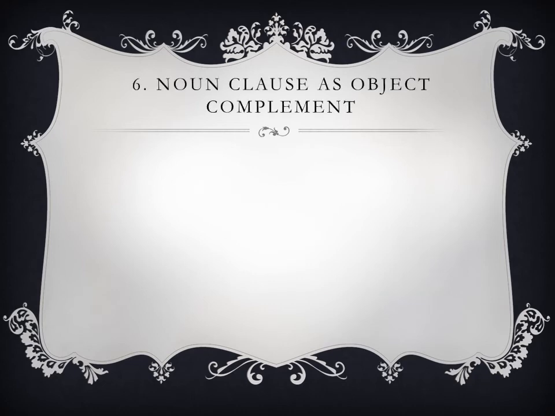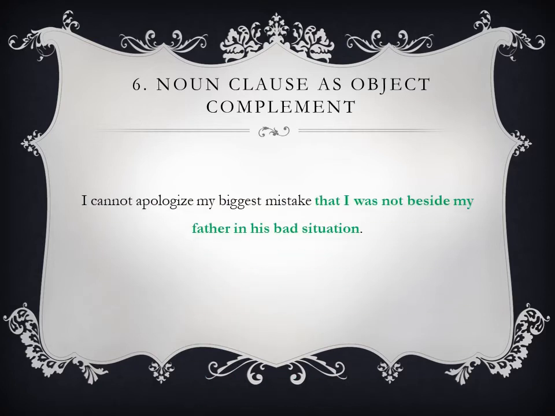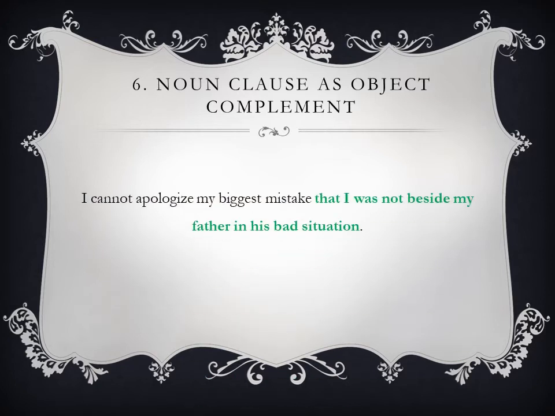The next function, noun clause as object complement. Okay, pay attention to the sample. I cannot apologize my biggest mistake that I was not beside my father in his bad situation.